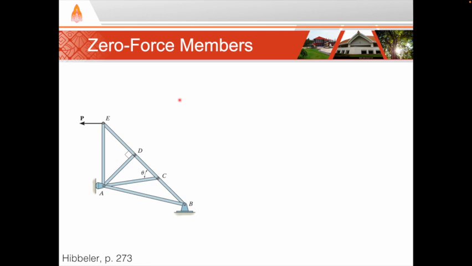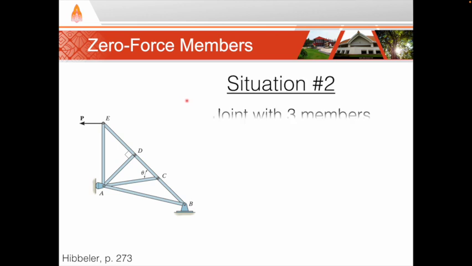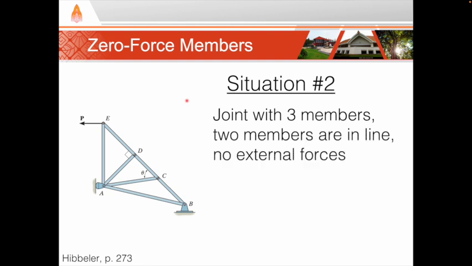The second situation that can create zero force members is when a joint has 3 members and 2 of the members are in line, and again if there are no external forces applied at that joint. So in this example, we see that joint D has 3 members. Members ED and DC are in line. So therefore, member AD is a zero force member.